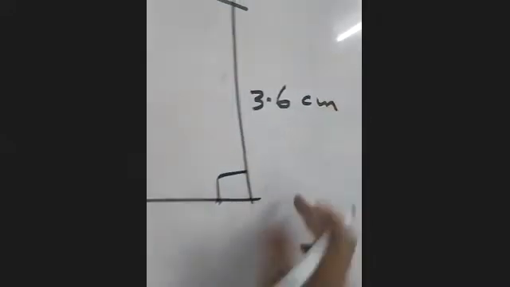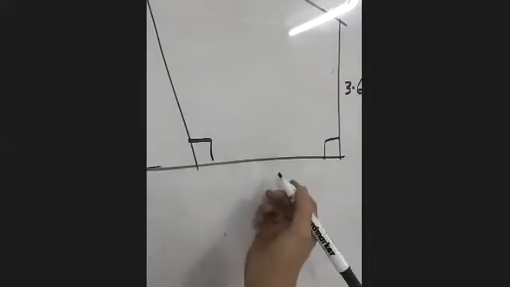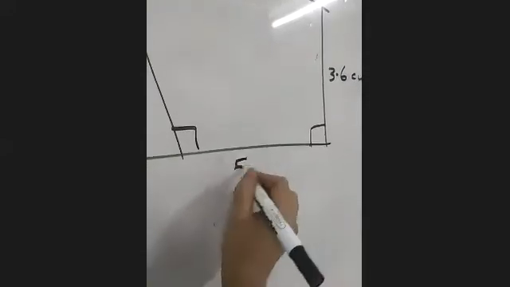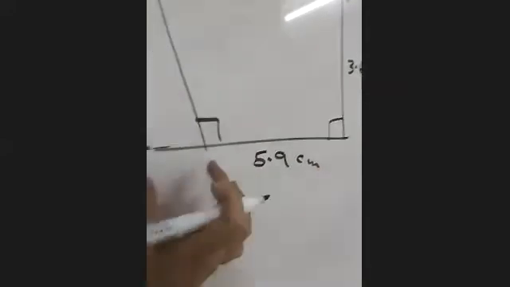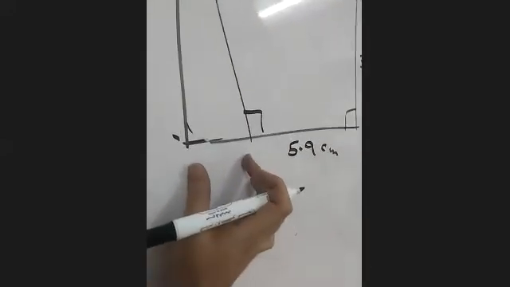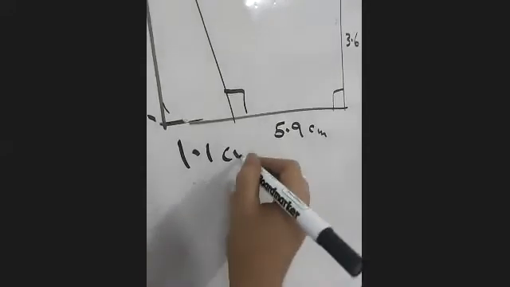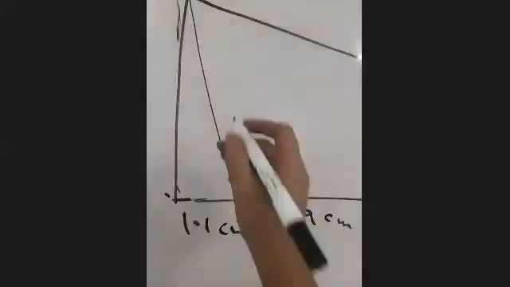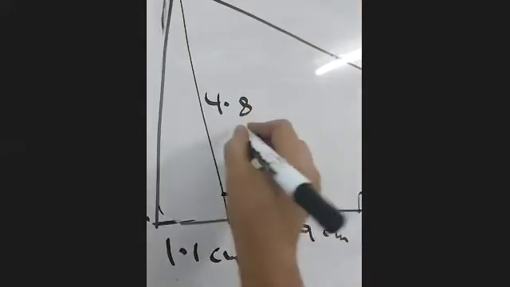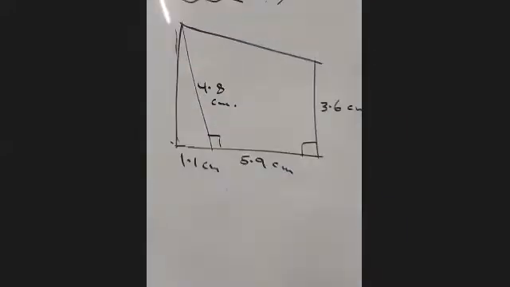3.6 centimeter. Here down at this section, what we have? 5.9 centimeter. Here at this section? 1.1 centimeter. Else, what we have? The height, right angle, 4.8 centimeter, right? Now, what we have here?